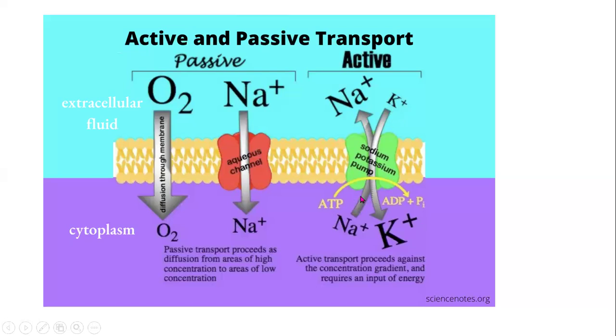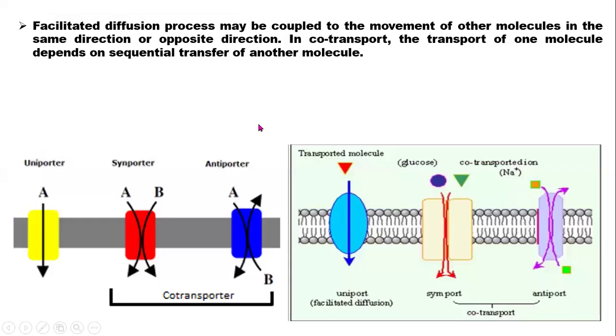That requires ATP. So ATP has to be what? Hydrolyzed for that activity to effectively take place. In essence, it requires energy, while passive does not require energy. For facilitated diffusion, the process may be coupled to the movement of another molecule in the same direction or opposite direction.